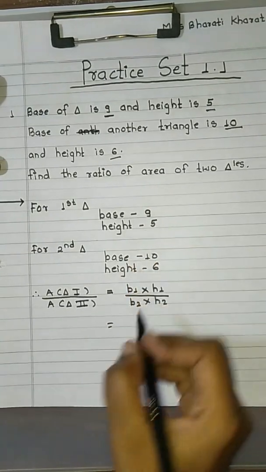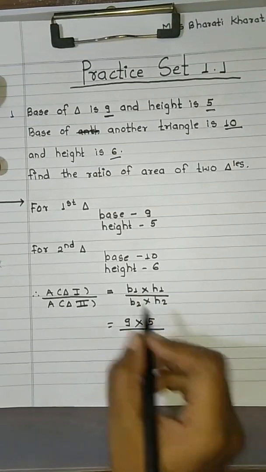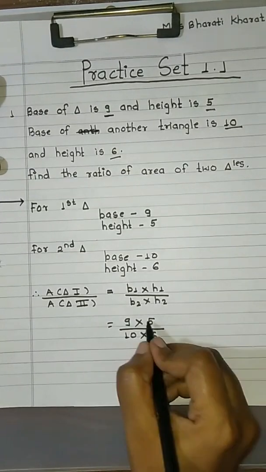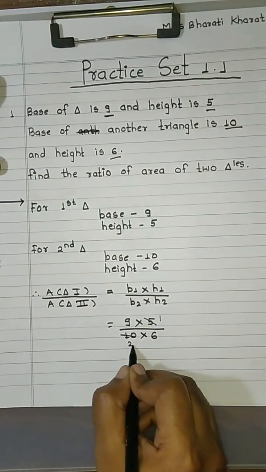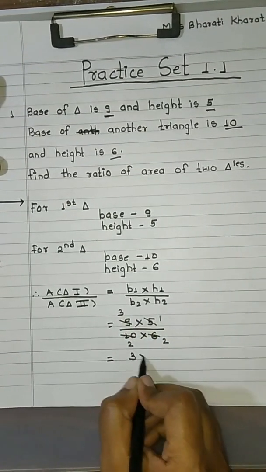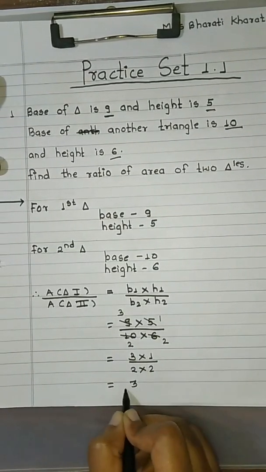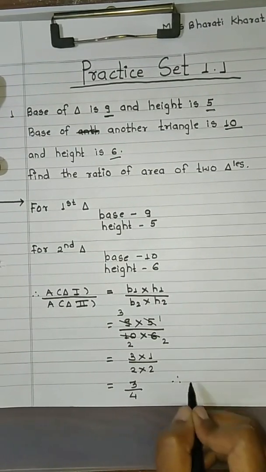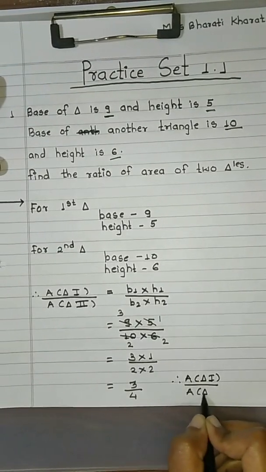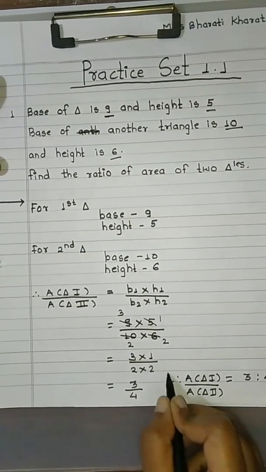Therefore B1 is 9 multiplied by height 5, and B2 is 10 and height is 6. Therefore 5 ones are 5, twos are 3, twos are 3, threes are. Therefore 3 into 1 upon 2 into 2 is equal to 3 upon 4. Therefore area of triangle first upon area of triangle second is equal to 3:4. Okay.